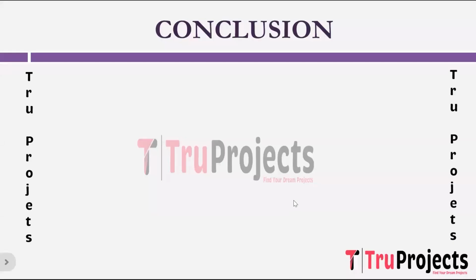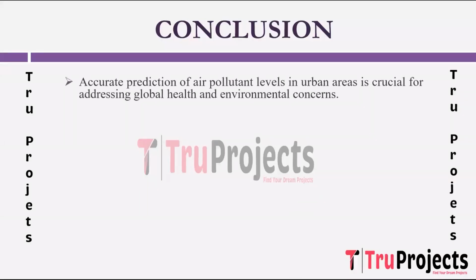The conclusion of the project is, accurately predicting air pollutant levels in urban areas holds immense significance due to its direct impact on global health and the environment. Reliable forecasts allow for proactive measures to mitigate health risks associated with poor air quality and address environmental concerns related to pollution-induced damage.